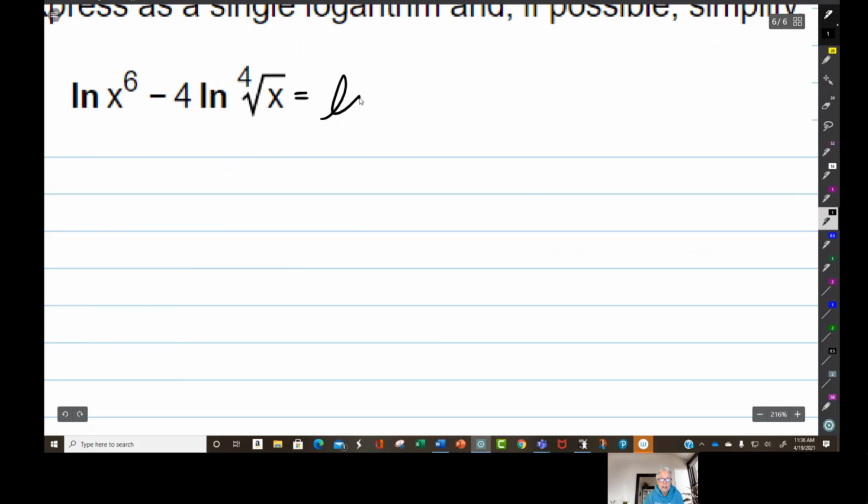Got to change this to the ln of x to the 6th minus the ln of x to the 1/4 power, right? The 4th root is the 1/4 power. And take this 4 and move that back up.